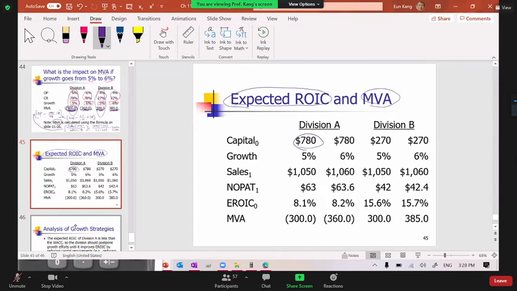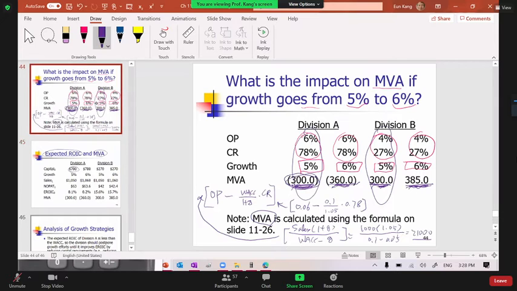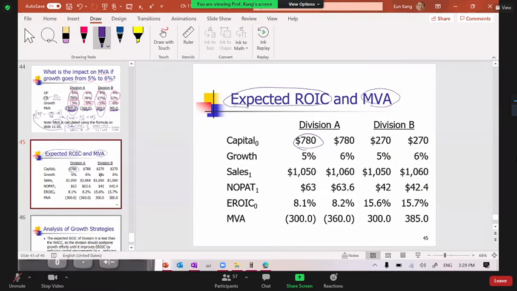Under division A, 78% or what? Check. Because capital requirements, OC over sales, right? So that means division A is 78% of sales, sales times 0.78, 780.